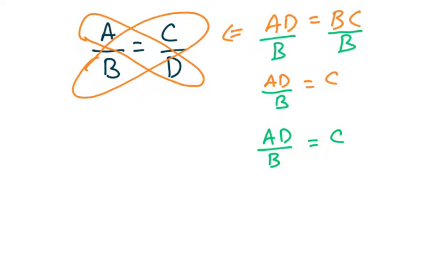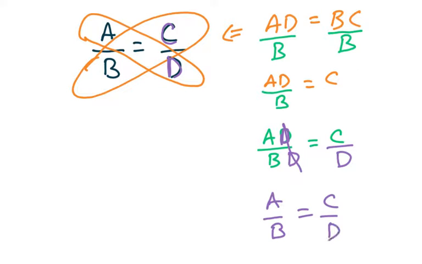And if I want C over D on the right, so if I have D here, could I not divide by D on both sides? The D's would cancel out, and I'll have A over B equals C over D. And we can see that it is the same thing. We just now did something called a proof. We showed that it really is the same thing.